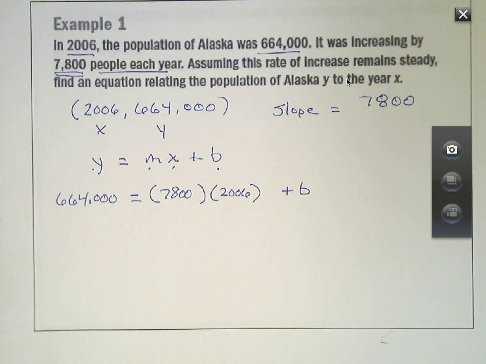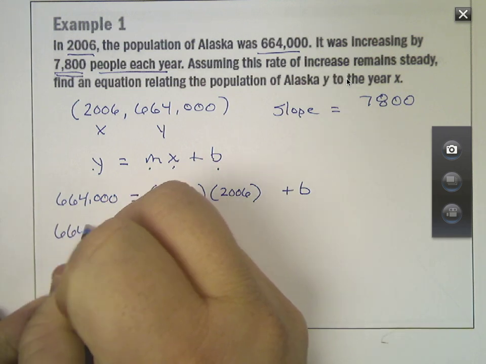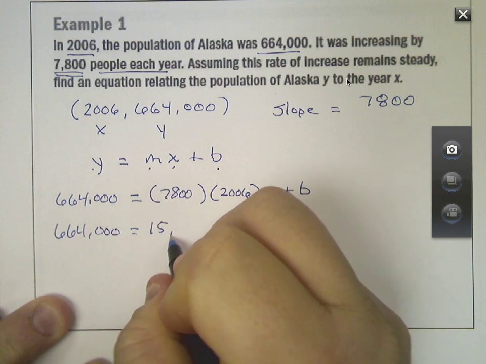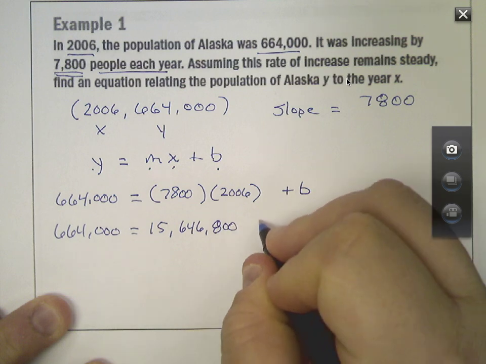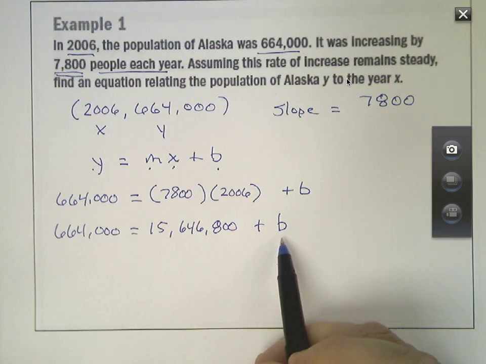Well, we have to follow our order of operations. So the first thing we need to do is take 7,800 times 2006. And you're going to get 15,646,800 plus b. We have to get b by itself because that's what we want to find.